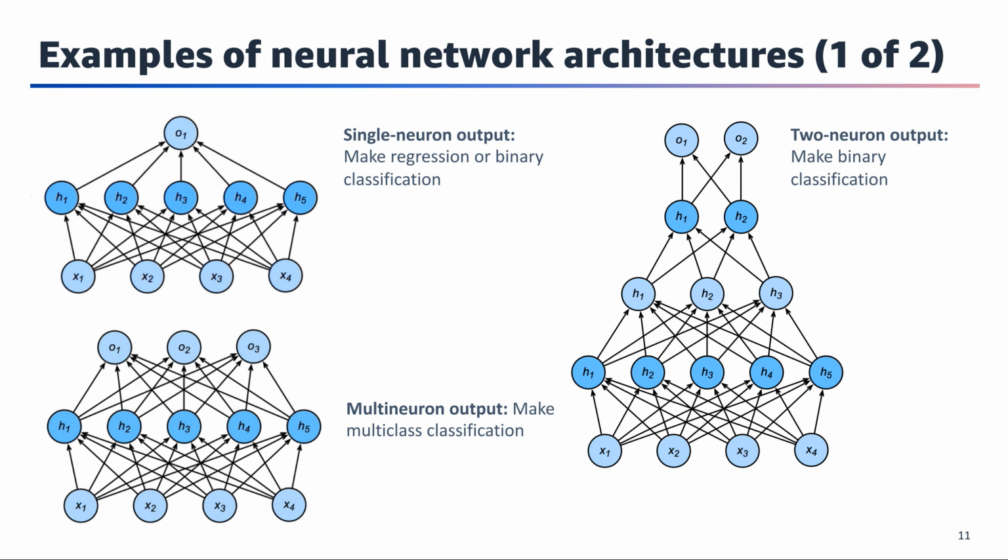Examples include convolutional neural networks, CNNs, and recurrent neural networks, RNNs. CNNs are engineered to better learn from image-like data. RNNs are engineered to better learn from sequential data, which is particularly useful when working with text data.